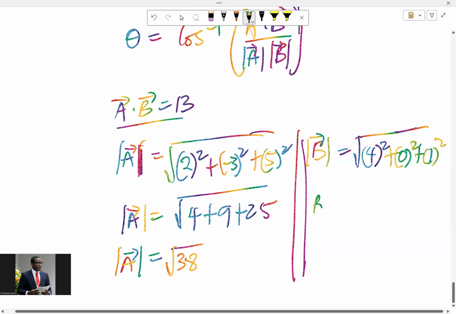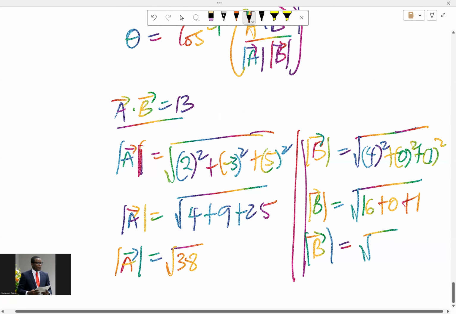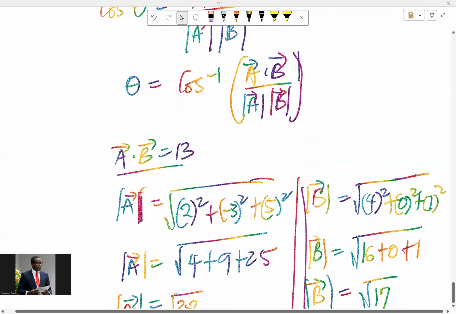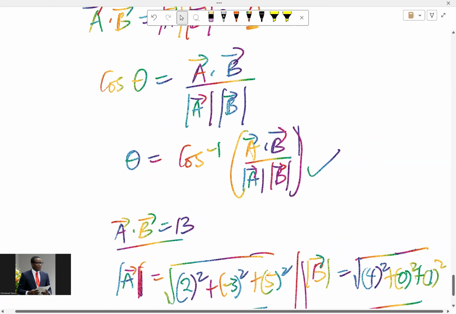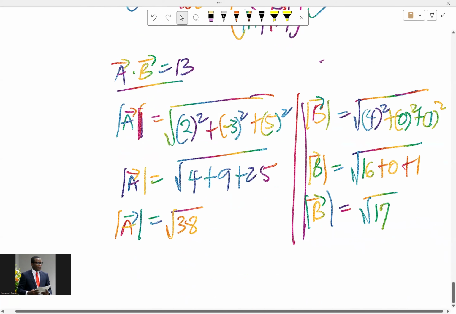Okay, so the magnitude of B is equal to the square root of 16 plus 0 plus 1. So the magnitude of B is root 17. And from the formula we have, you see that? So we can have theta.